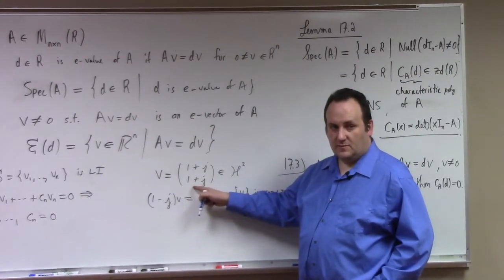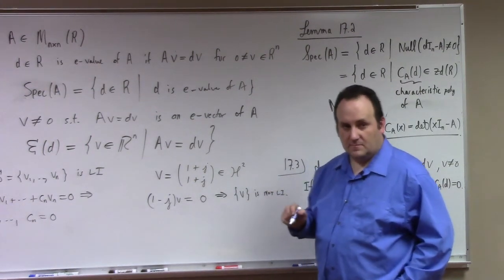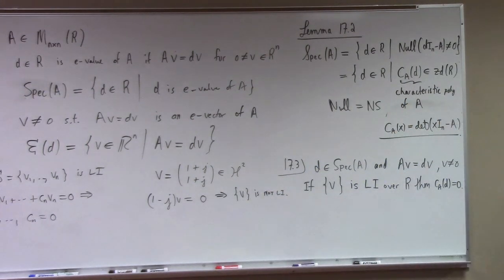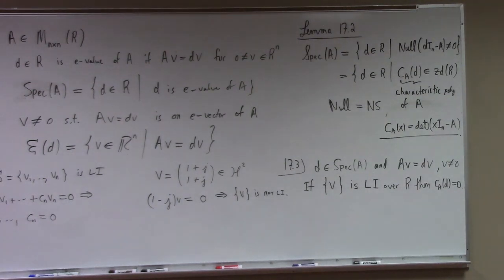I could be wrong, but I believe that's basically the story here. If this is non-zero, that means the determinant has to be a zero divisor. That's a theorem earlier in this book. Let me read the theorem for you.